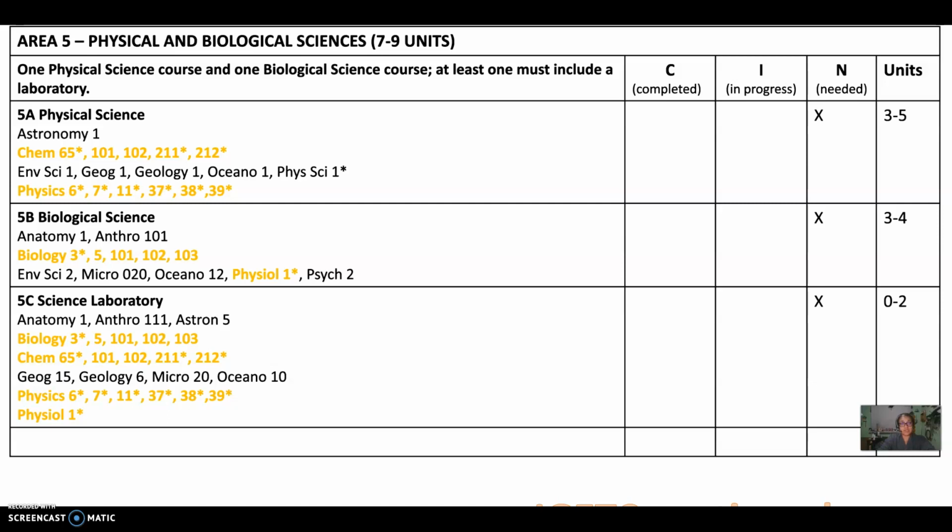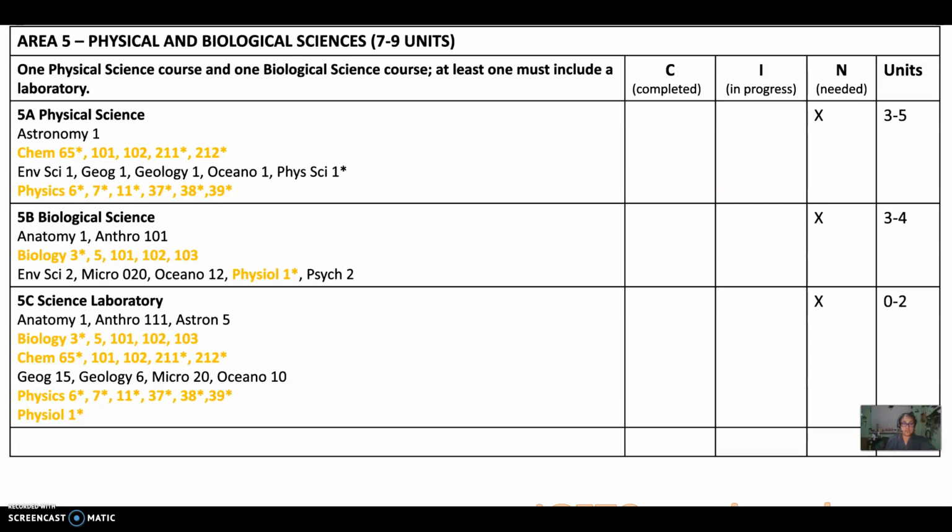And here you have asterisks next to some of these classes, and the reason is because, say for example, with Physics 6 and 7 and Physics 37, 38, and 39, let's say you take Physics 6 and Physics 7, but then you decide that you want to change your major or change the school that you want to transfer to, and they are not accepting 6 and 7, and then you find out that you need to take 37, 38, and 39, you will only get credit for one series because they are 2 different series of physics classes.